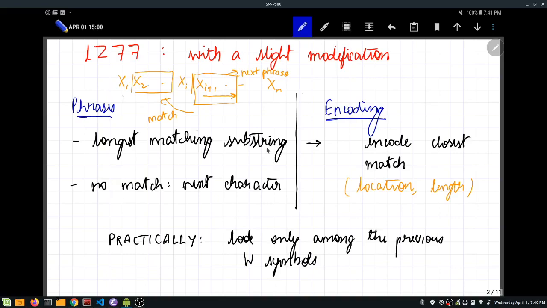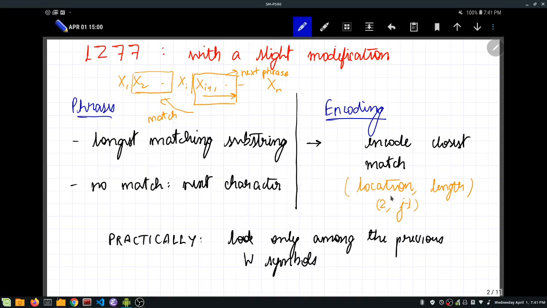In other words, if the start location of the match is 2, so if x2 to xj matches with xi plus 1 to xi plus j minus 1, then the location would be 2 and the length would be j. Sorry, this will be j minus 1.